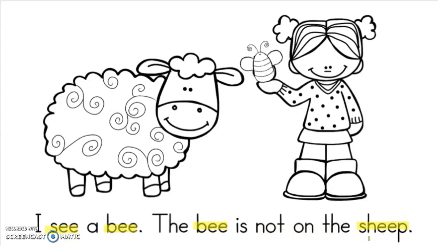If we remember, the SH says sh. Now we have the vowel pair EE, which makes that long E sound, sh, E, and then again another P at the ending of the word, P, sh, eep, sheep. I see a bee. The bee is not on the sheep.